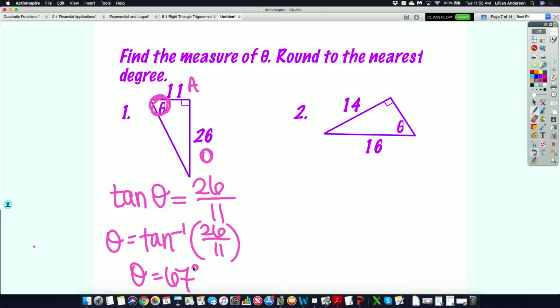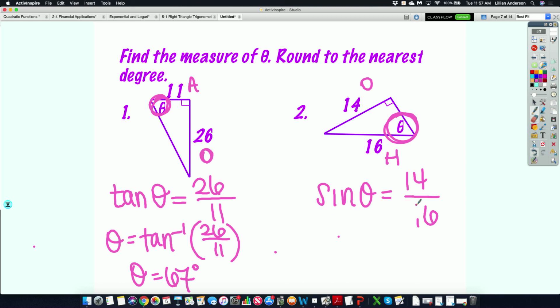Okay? Questions? Anything related to the calculator? Do the second one. I base this off of my theta angle. 14 is the what side? And 16 is the hypotenuse. Trig ratio I'm going to use is sine, and I set up as sine theta equals.